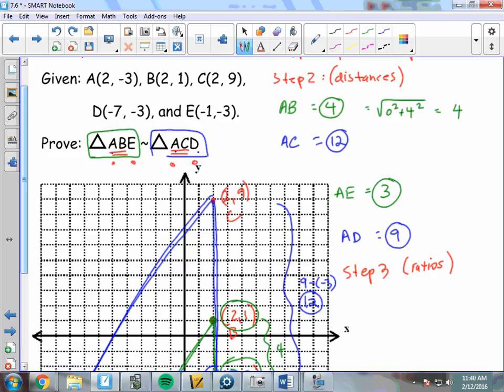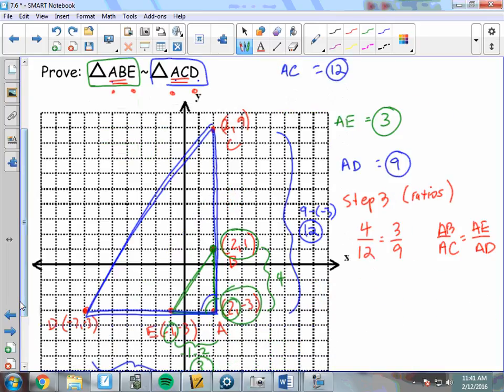If those two ratios are true, then I know that these triangles are similar. So 4 is to 12 as 3 is to 9. Okay? So once again, that was AB over AC, checking that that's the same as AE over AD. And both of those actually do come out the same. It's both 1/3. So I say yes.